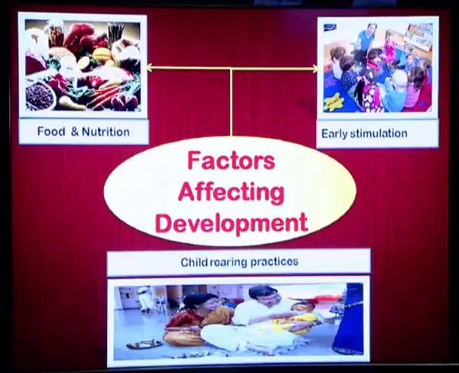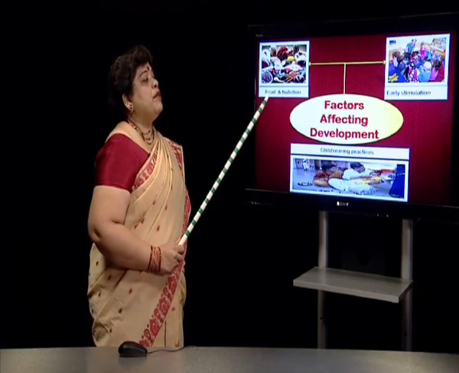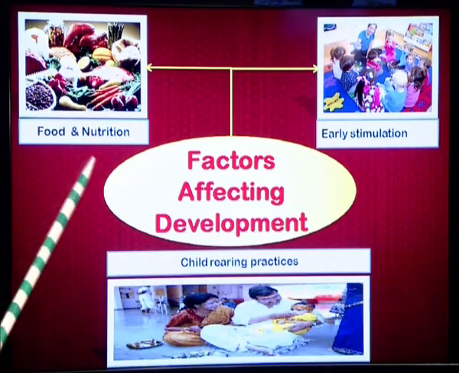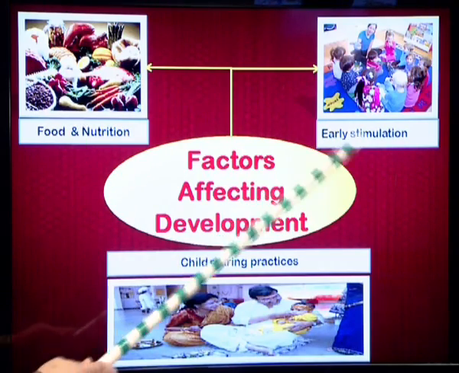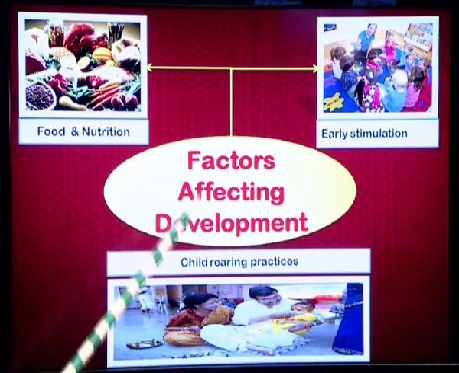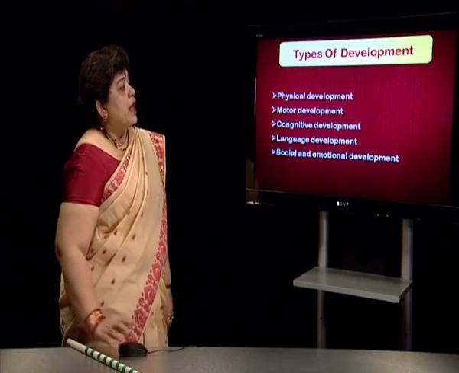They are also affected by the difference in food and nutrition, the kind of food intake the child is getting, and the early stimulation that is being given to the child. It may be different for 2 different children in the same family, and also because of child rearing practices. These factors are very important in influencing development.